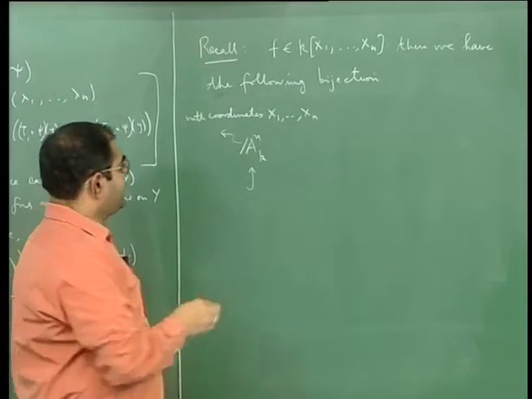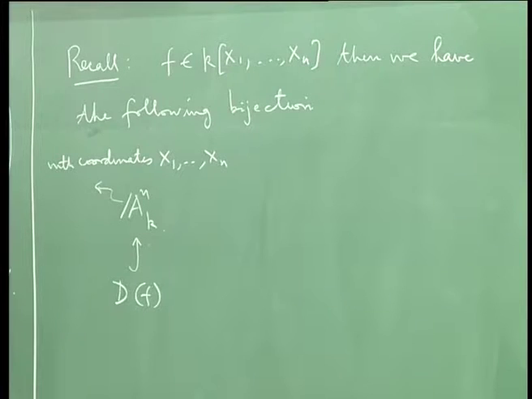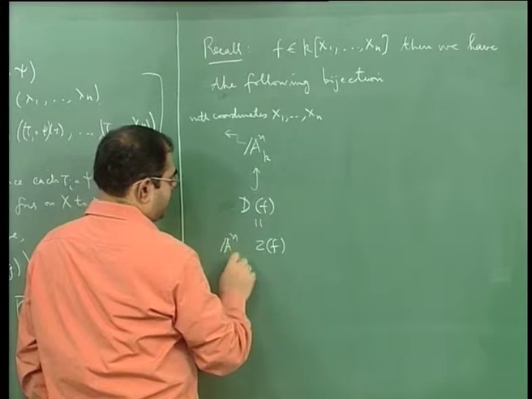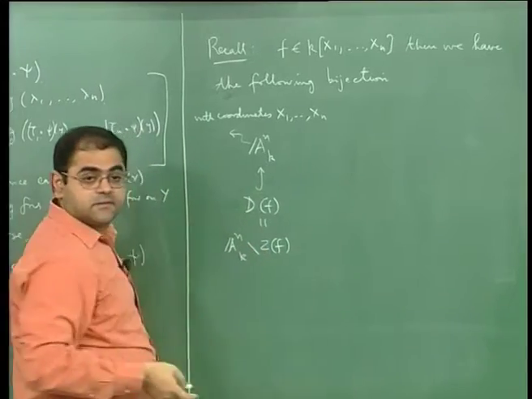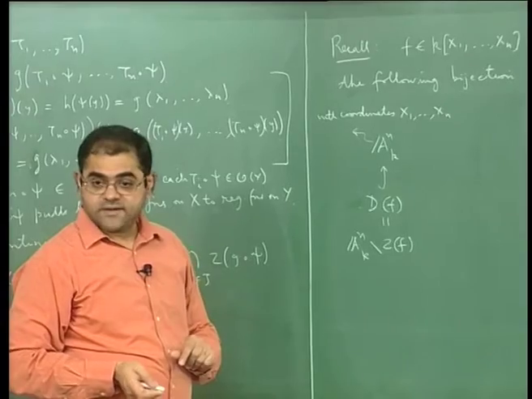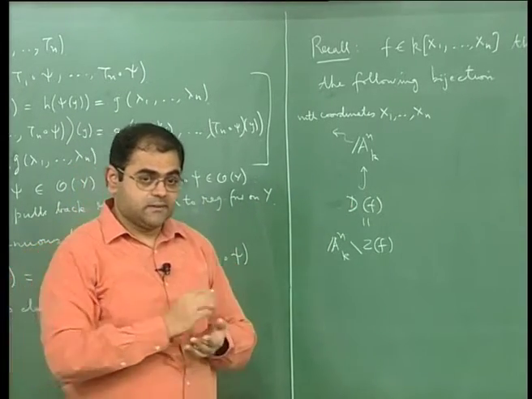Okay, and you had Df, the basic affine open set defined by f. This is just the complement of the zero set of f. It is A^n minus the zero set of f. So it is a locus where f does not vanish, and that is an open subset.